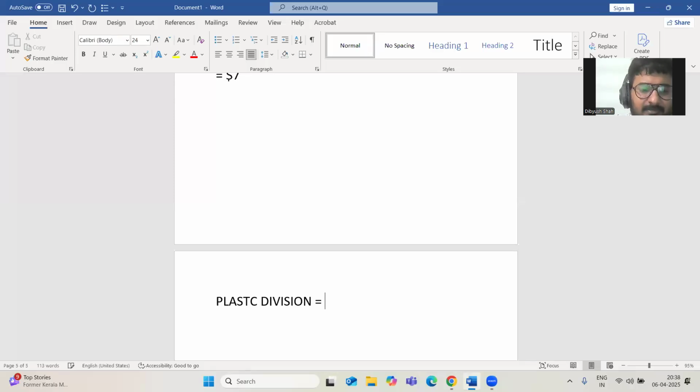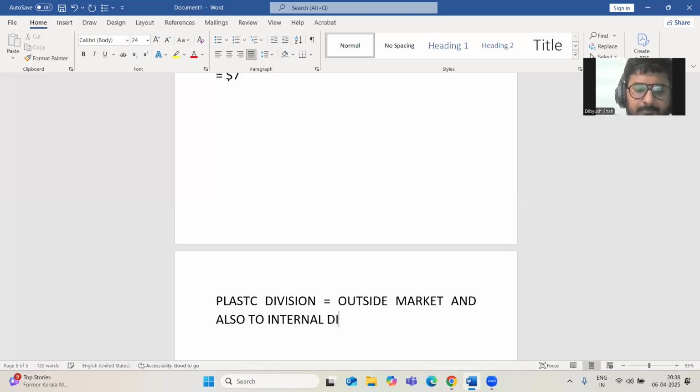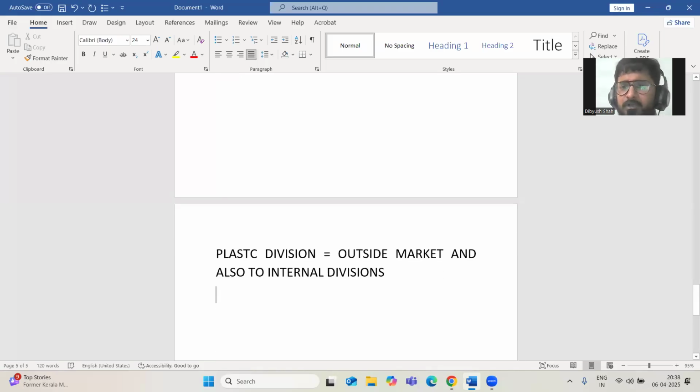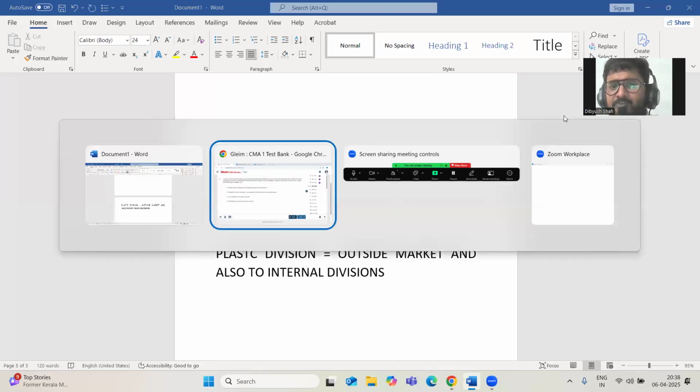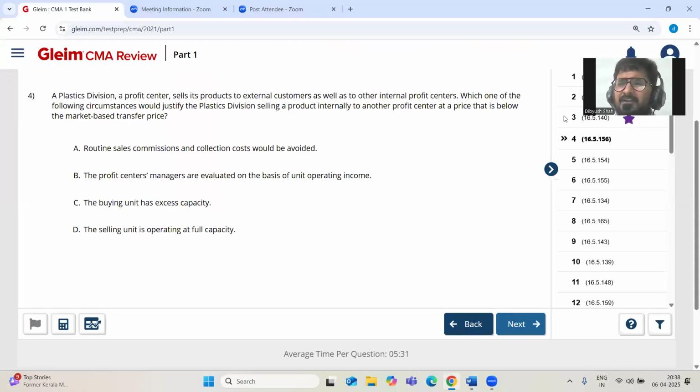It is selling to outside customers its product and also to internal divisions. And it is operating as a profit center. So they are asking which of the following 4 situations would justify the price to be below market price if any cost can be avoided.